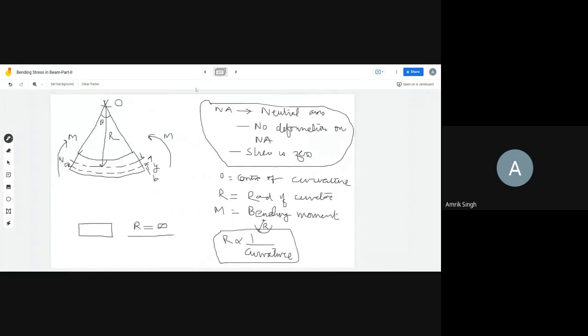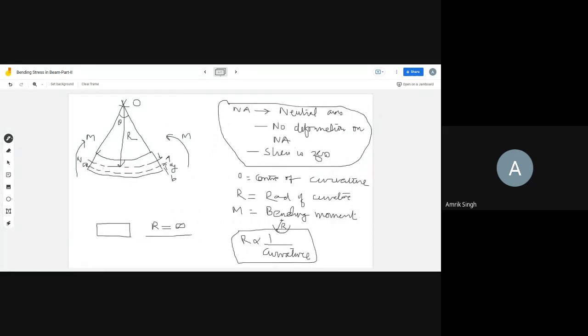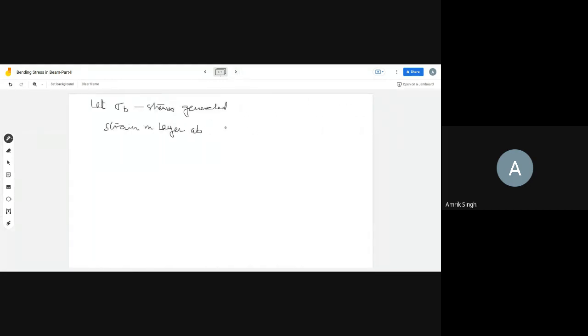So you see here, this AB has extended. So we consider the strain, epsilon in AB. This will be equal to the stress divided by E. So stress we have taken, say, sigma B, divided by E. Right?